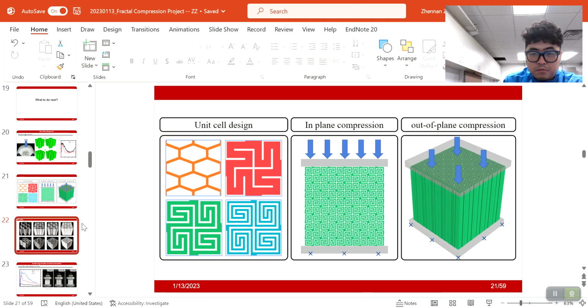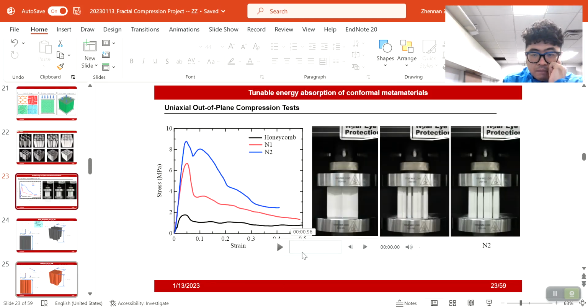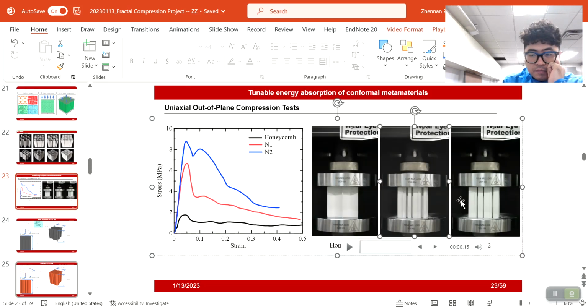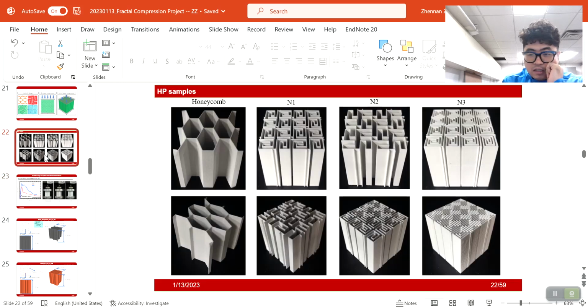And we have printed some samples using an HP printer, and we have done some compression experiments, but actually the sample design is not that good because some gaps of the sample have been blocked.